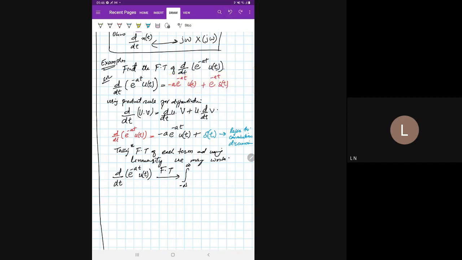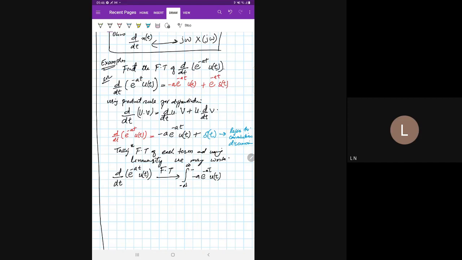So we'll use those terms here. It will be equal to minus a e raised to power minus at, then u of t.